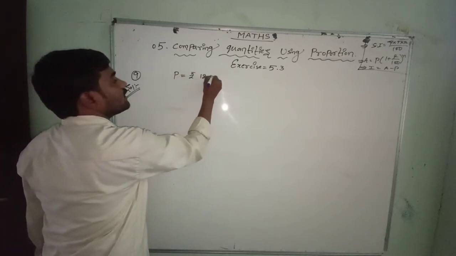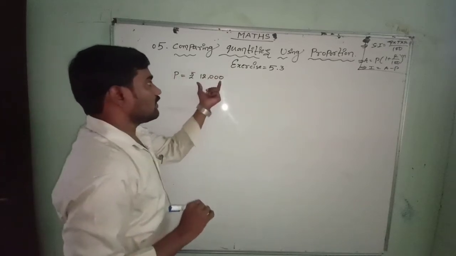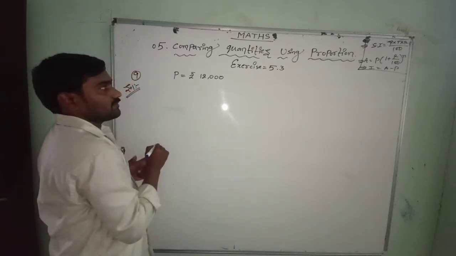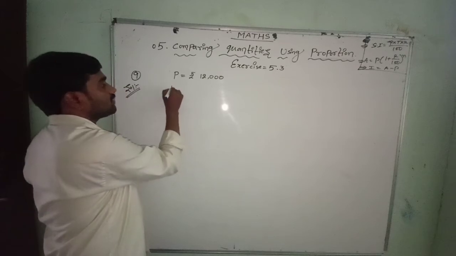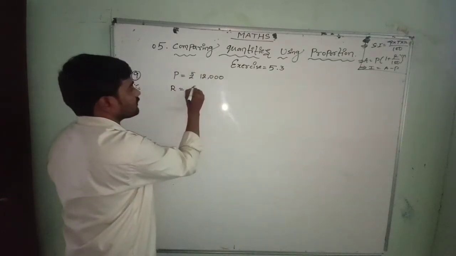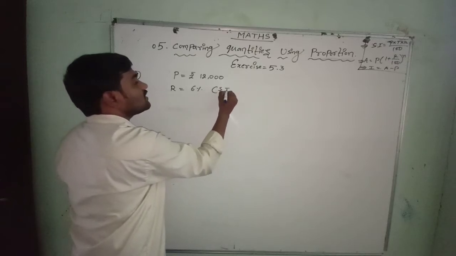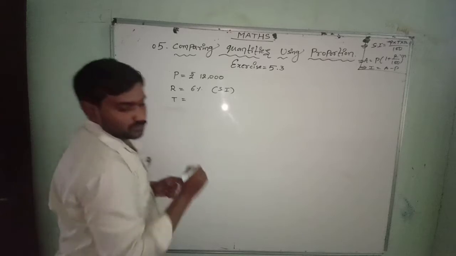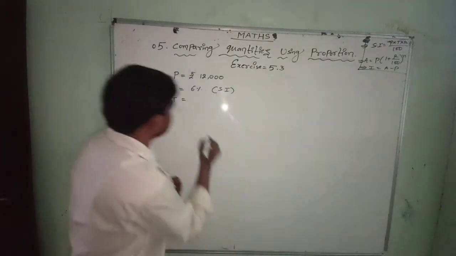that is, he had taken 12,000 rupees at the rate of simple interest from Prasad. At the rate of 6% simple interest, for time t equal to 2 years.